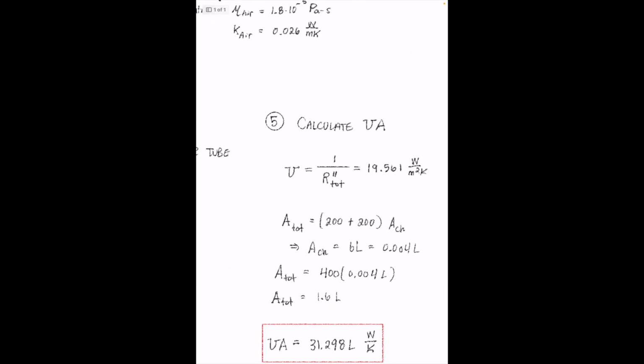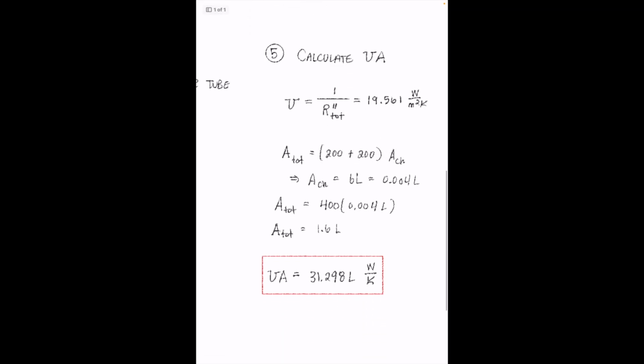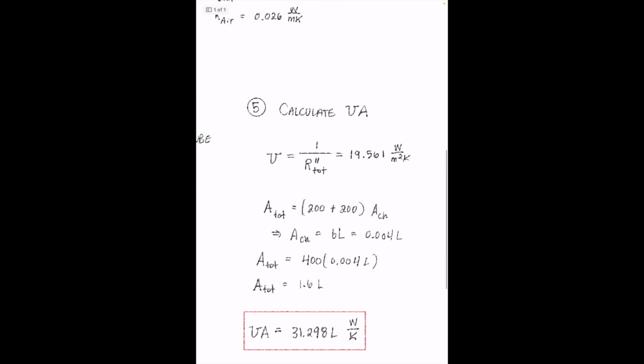The final goal for this problem is to calculate the UA value of the heat exchanger, and we can find our U value first. That's defined by 1 over the total thermal resistance, and that is excluding area with the 2 primes. And to find our total thermal resistance, we need to know the thermal circuit of the system. And we can just sum up all of the different resistances that we can find throughout the problem.